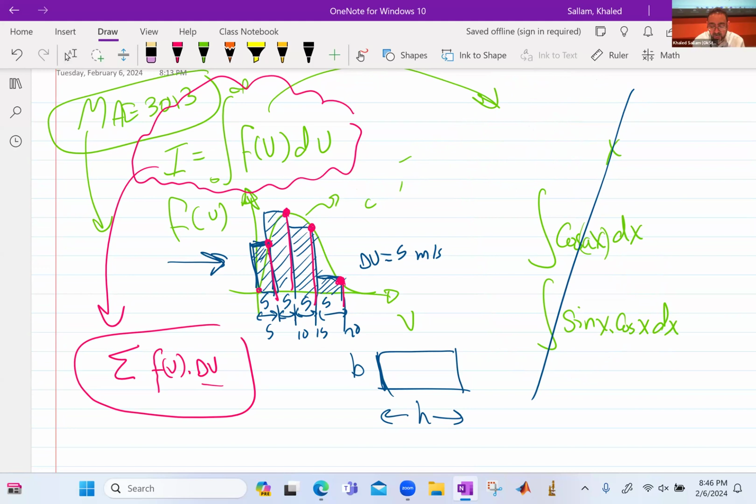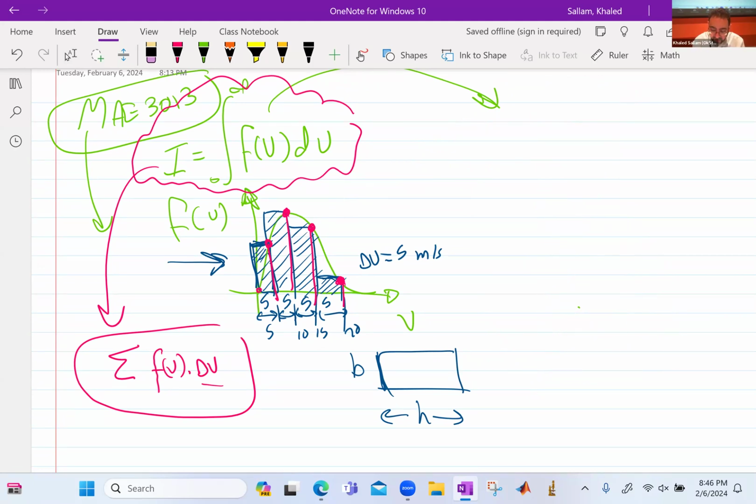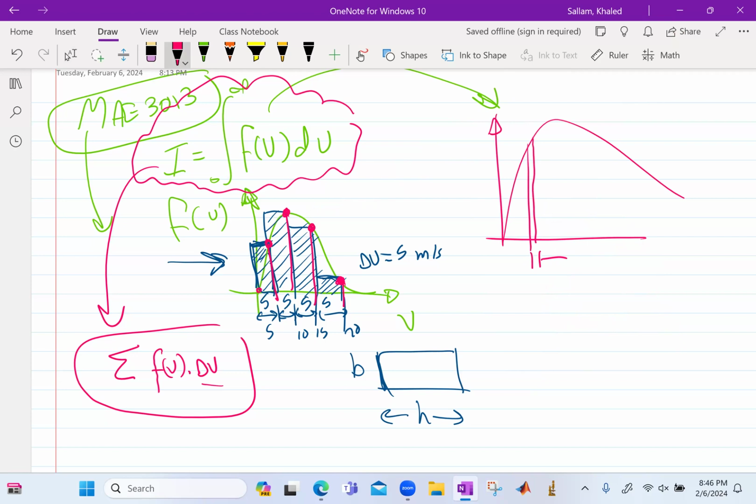If you remember, probably the first time you got your lesson on integration, someone said that this is a small strip with a width dV, and the height here is f of V. And let's do this, and this, and this. If we do enough of them, that will be the area under the curve.